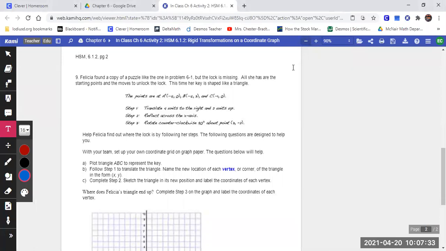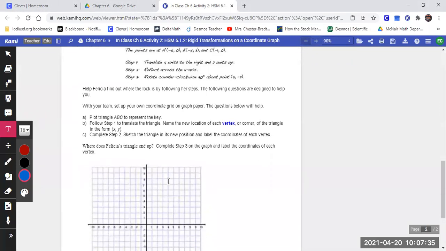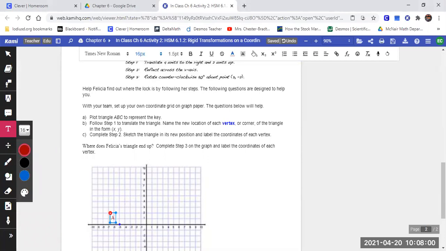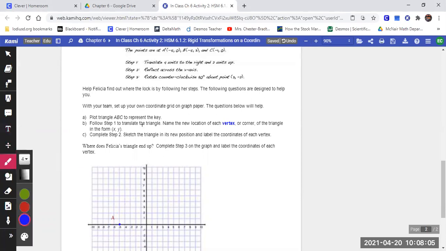Okay, so we are going to graph the triangles. The first thing we have to do is graph the original triangle. Okay, so the original A says -5, 0. So I would go get my points, and I would go -5, 0. That is where my A is going. Okay, then B is at -5, 3.